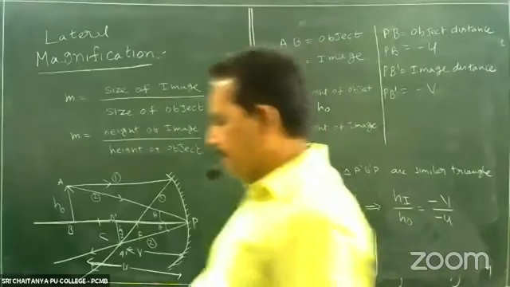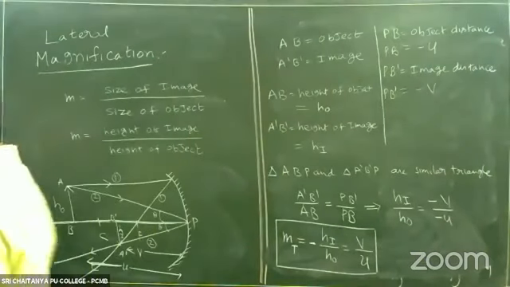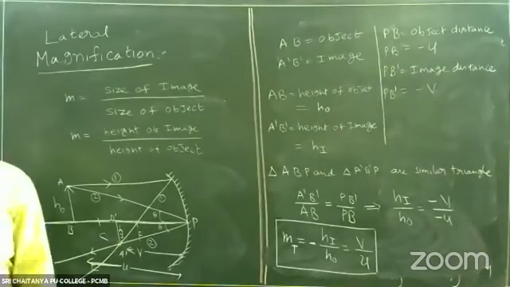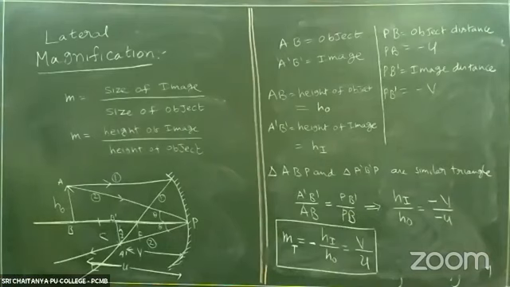Size of the image by size of the object is equal to distance of the image by distance of the object.